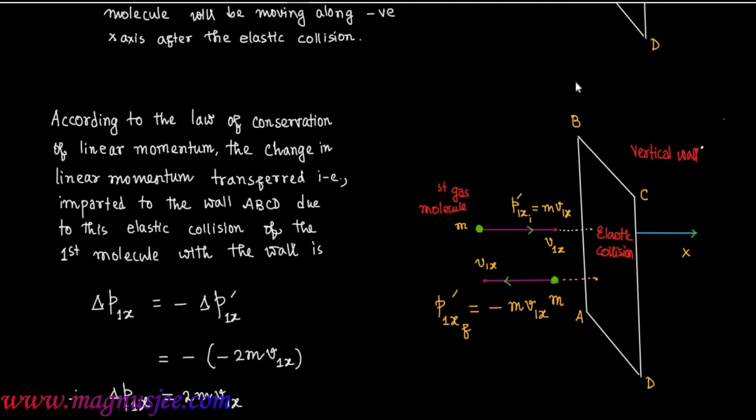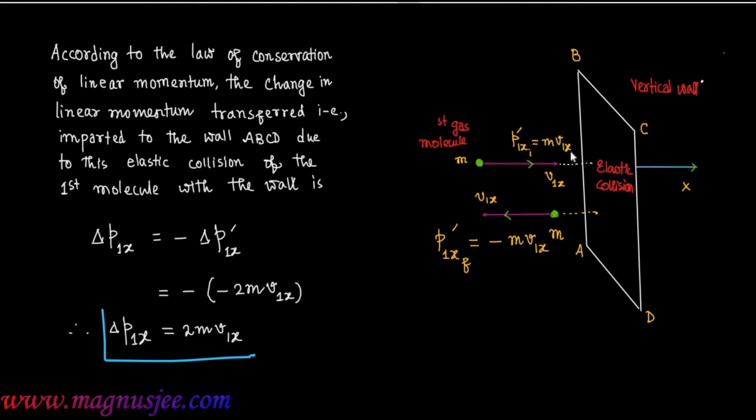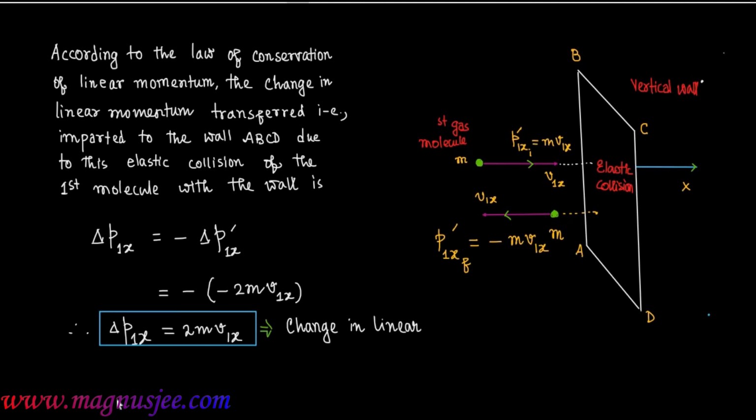Therefore, delta p1x is equal to 2mv1x. This is the change in linear momentum transferred to the wall ABCD.